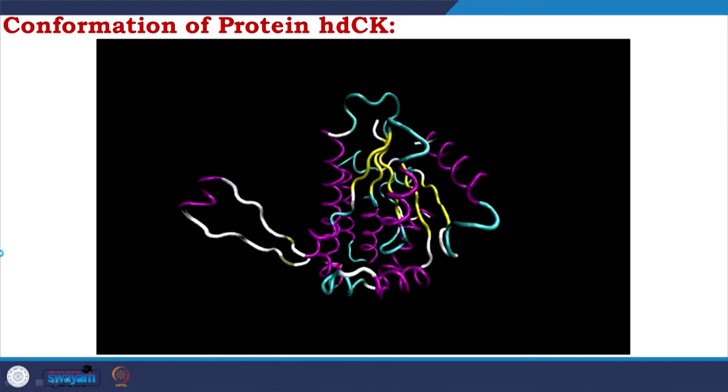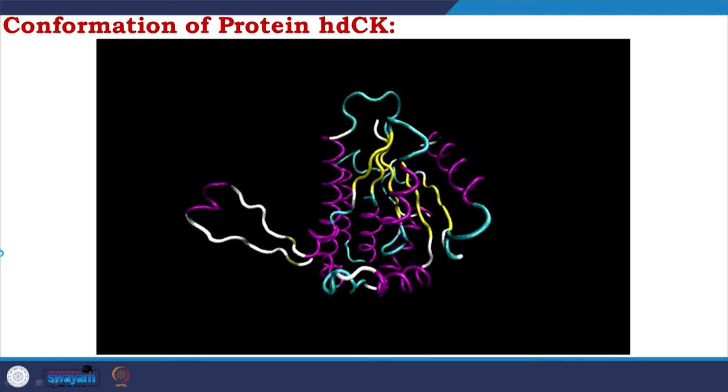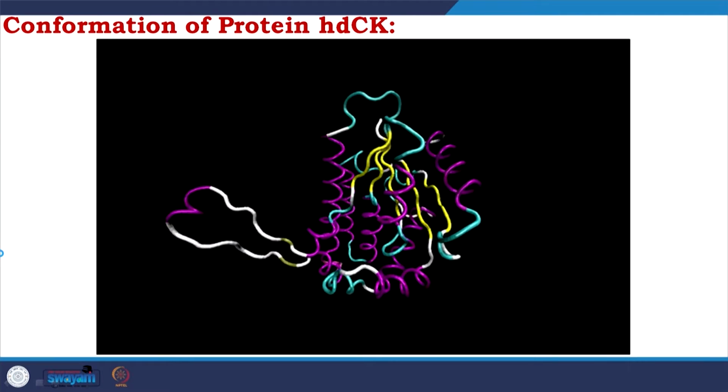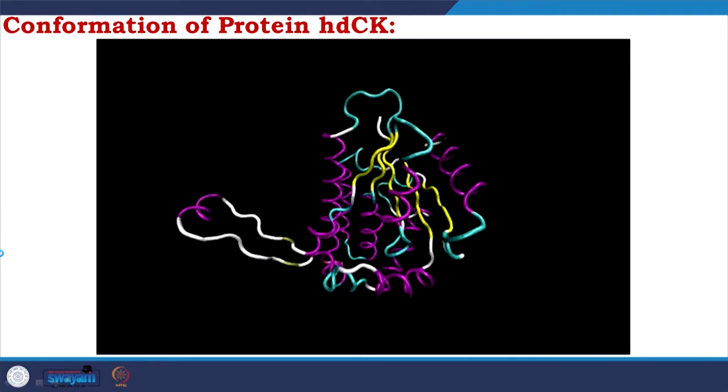The protein you are looking at in the movie is the protein which I studied in my PhD. This protein is called human deoxycytidine kinase. It is a very important protein because it is one of the major targets in cancer chemotherapeutics.